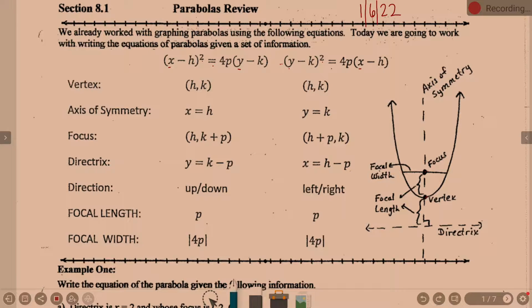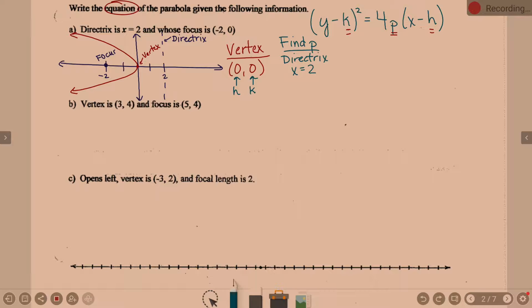First of all, which column am I working in? I'm working in the right column. What does it say about the directrix? X equals h minus p. Can we use that information? Yeah. My directrix is x equals 2, and my directrix is also x equals h minus p.